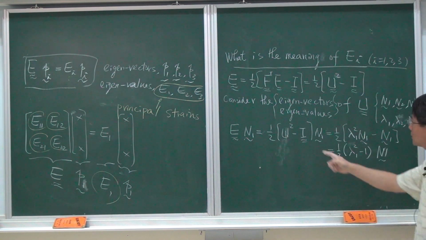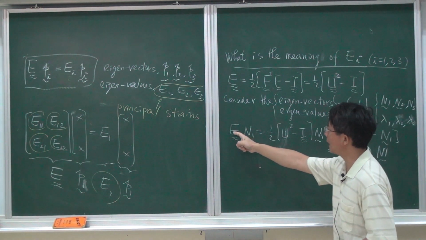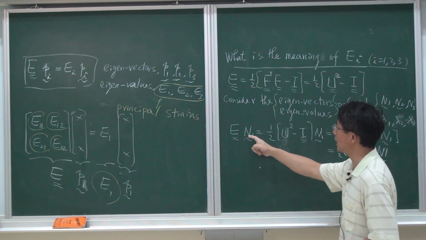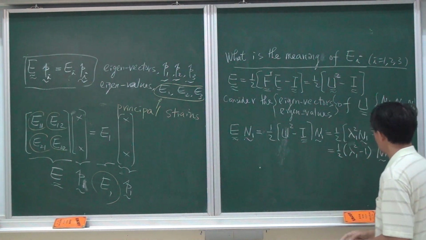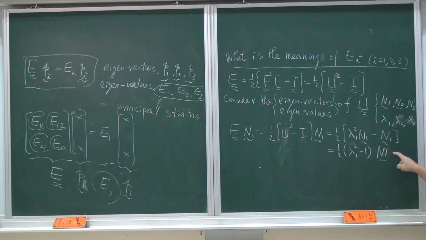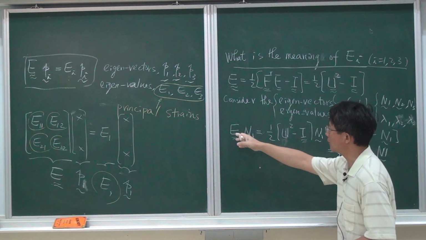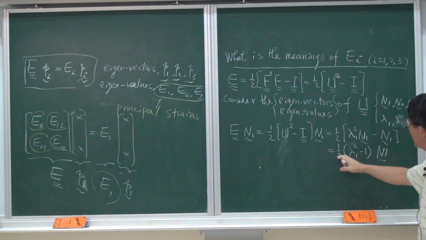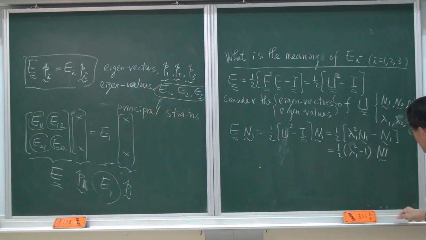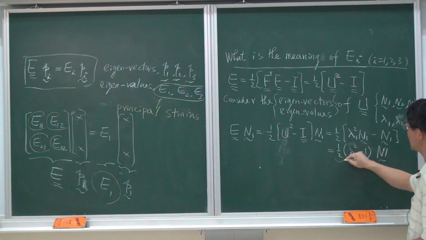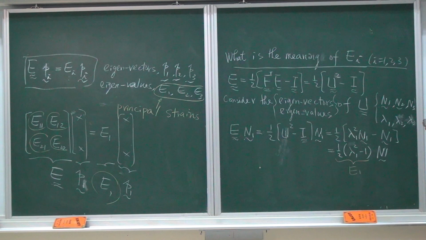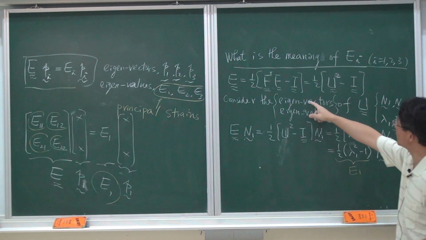See, this matrix multiplied by this vector, you get the same vector again, multiplied by some scalar. What does it mean? It means that N1 is the eigenvector of E, and this is the eigenvalue of E. Understand? And N1 is the eigenvector.